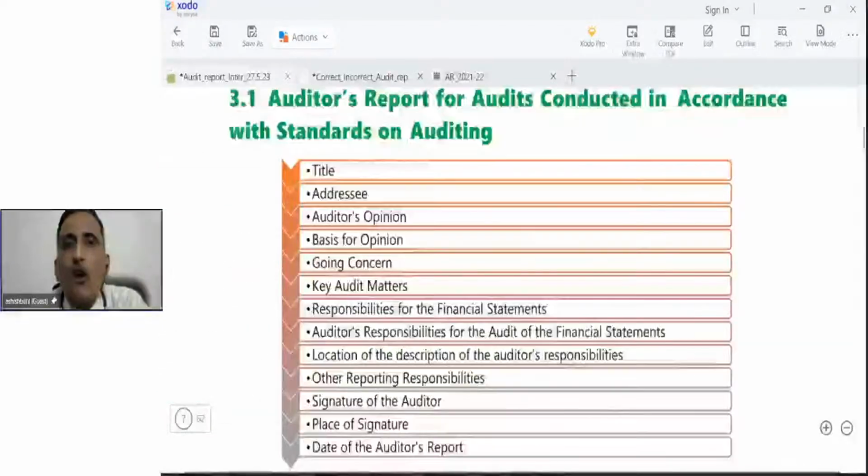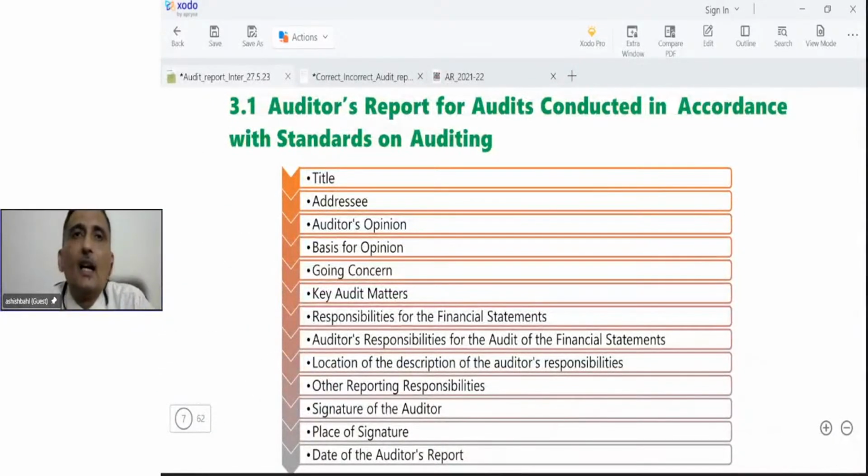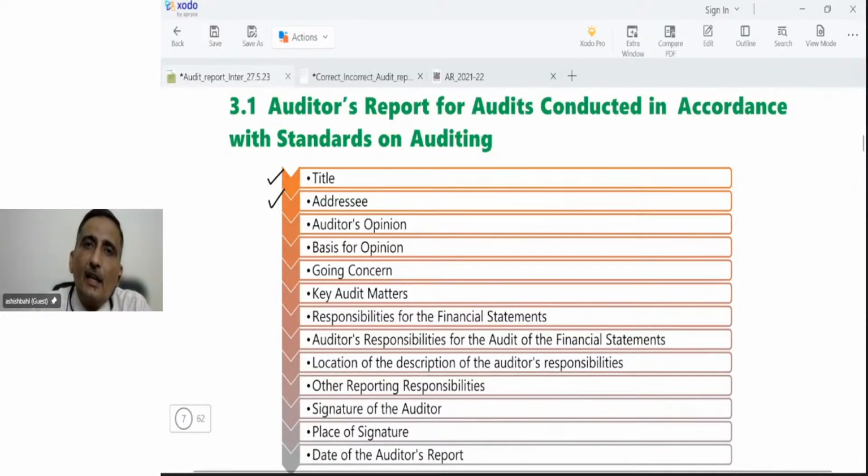These are all the elements of the auditor's report, like title and addressee, included in this sequence only. These have been standardized, so if you pick any audit report, you would find the same sequence, because of SA 700.